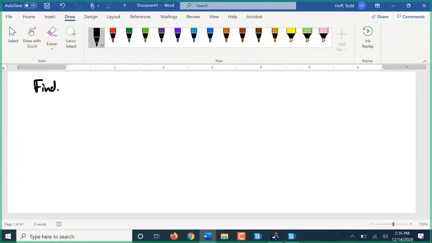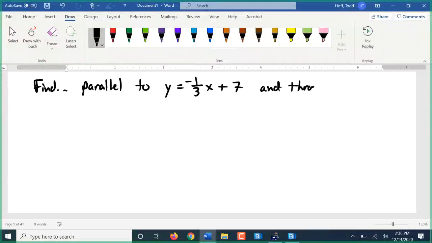I'm not going to write up the whole thing. Find the equation of the line parallel to y equals -1/3 x plus 7, and through the point 9, negative 3.